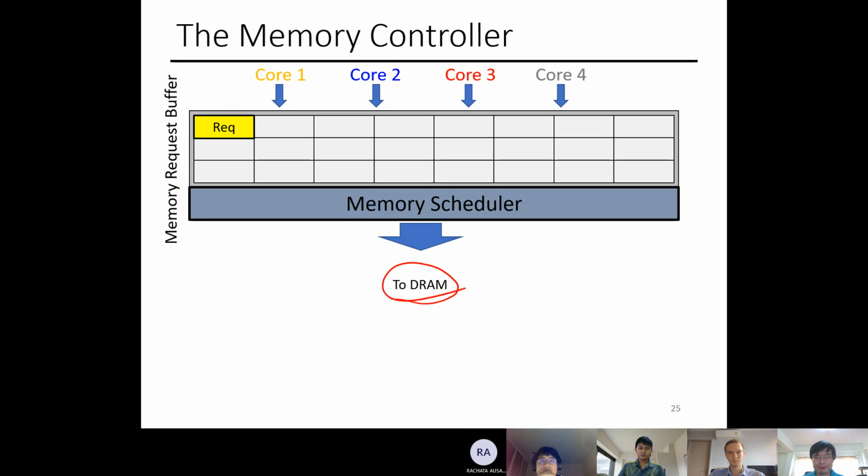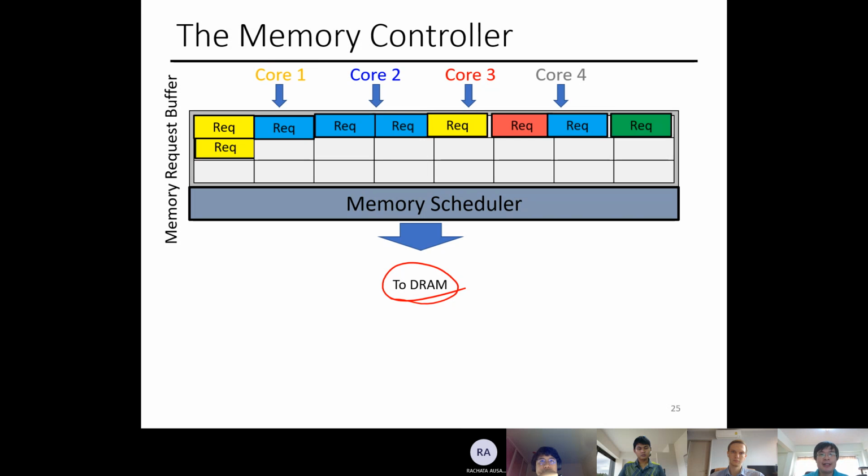What it does is they store all the requests, so different colors here are requests from different cores. As you can see here, on average, there'll be a bunch of requests in the buffer, right?